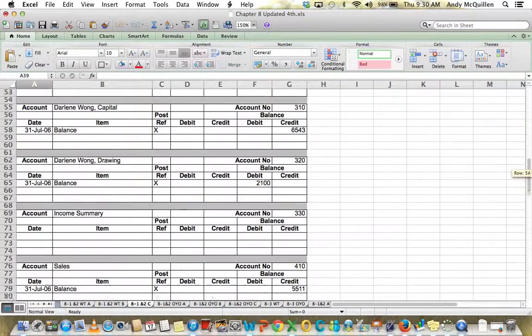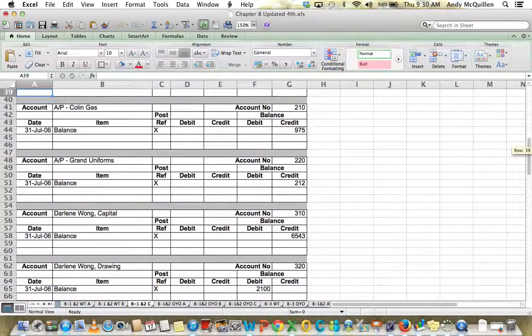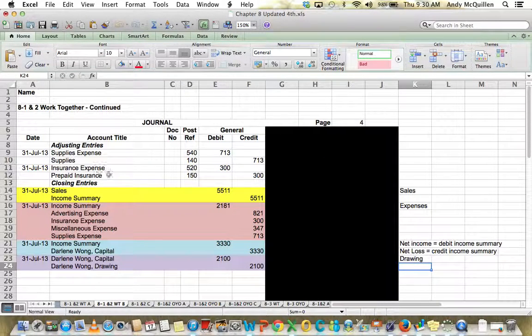Do the same thing with insurance expense, adjusting entry, debit 300, and prepaid insurance, adjusting entry. And notice we do G4, that stands for General Journal, page 4, which is part B, credit, 300, 900 balance. Okay, and that is 8-1.